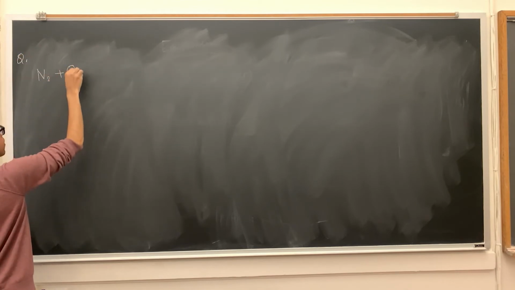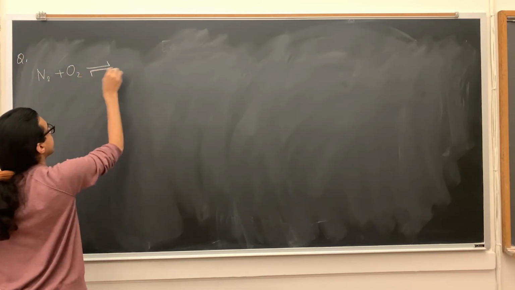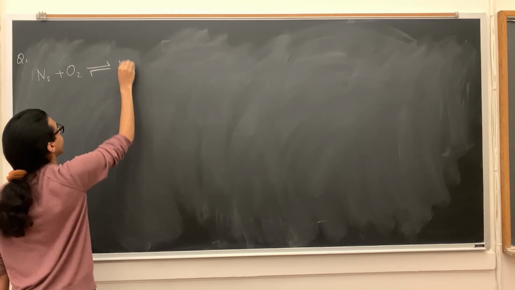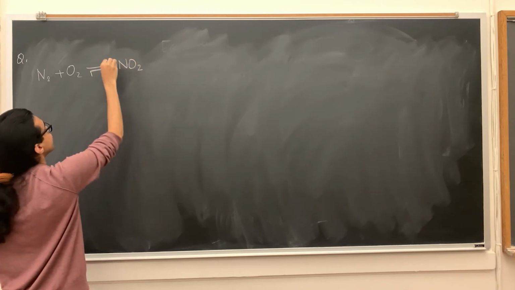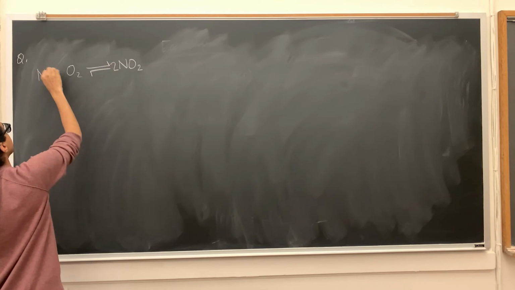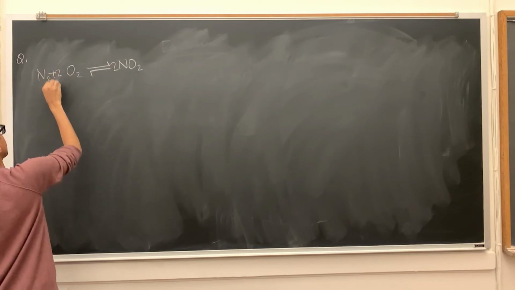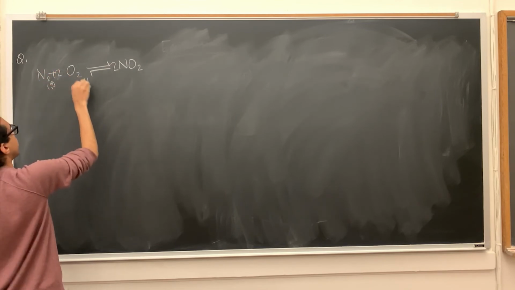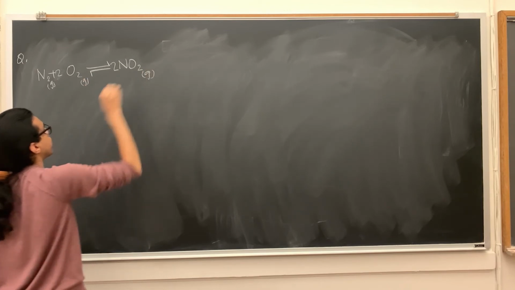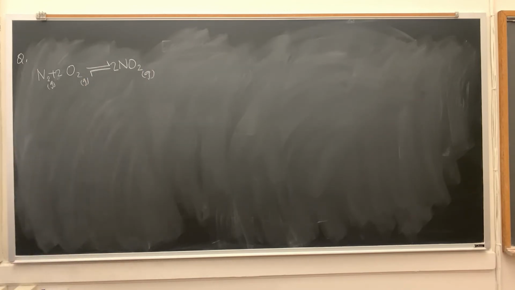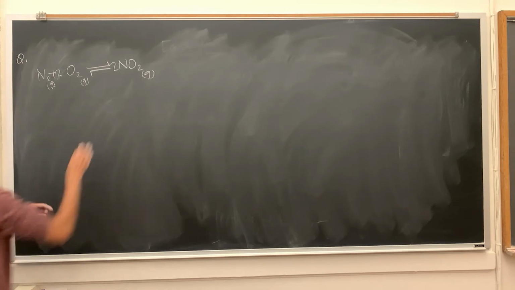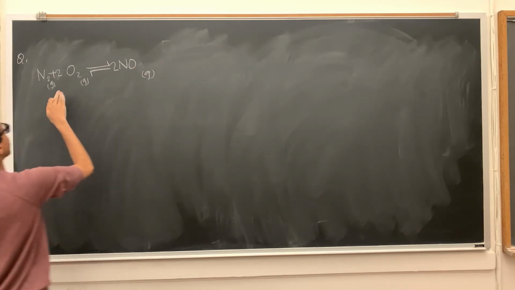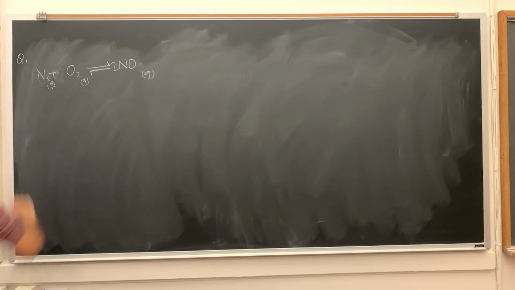Nitrogen plus oxygen gives, let's say, NO2. Let's just do 2 NO. Yeah, that's good enough.